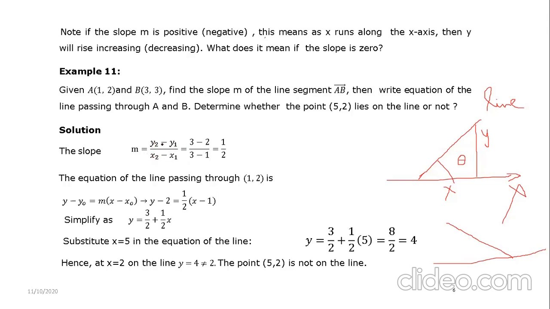It doesn't matter which notation you use. Here, y2 is 3, y1 is 2, so 3 minus 2, divided by 3 minus 1, equals half. This is m.